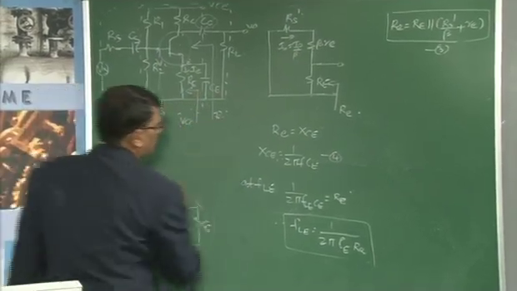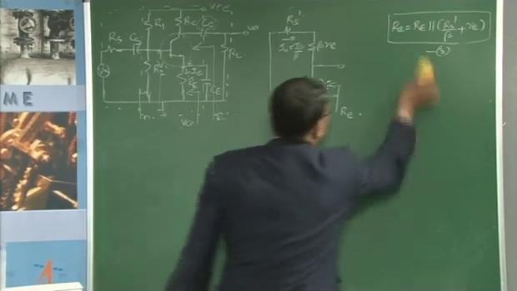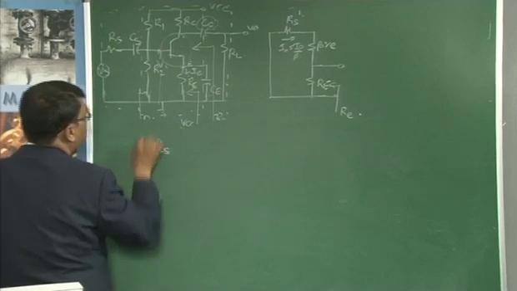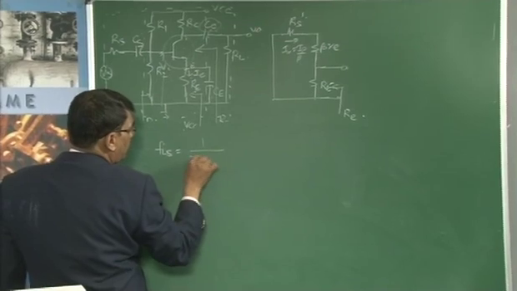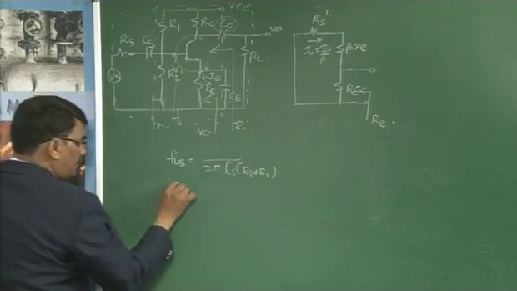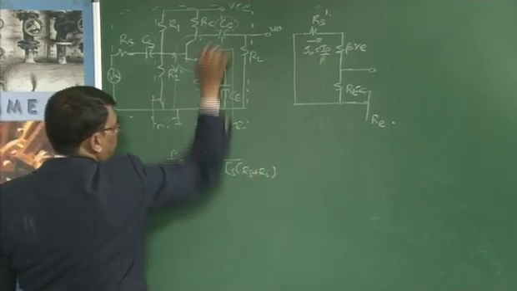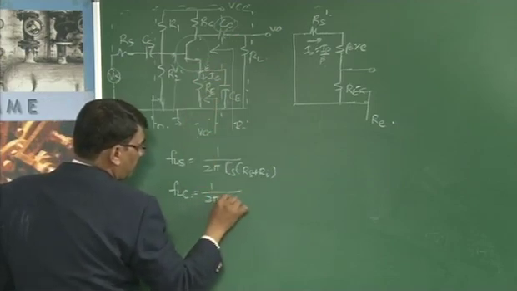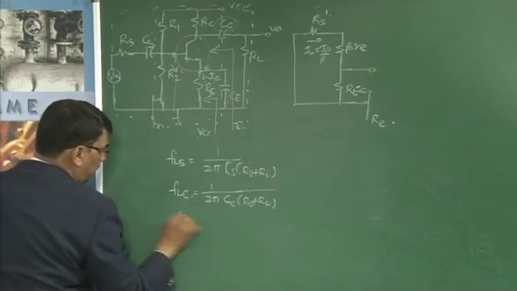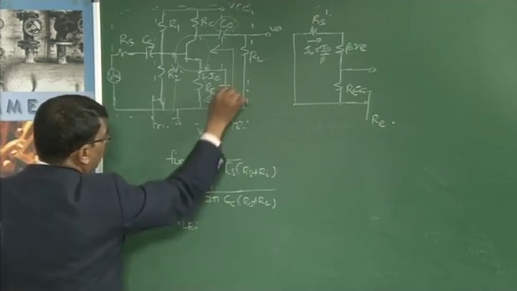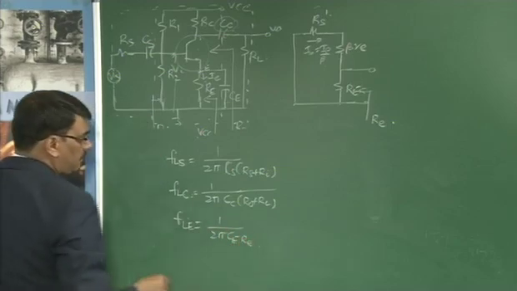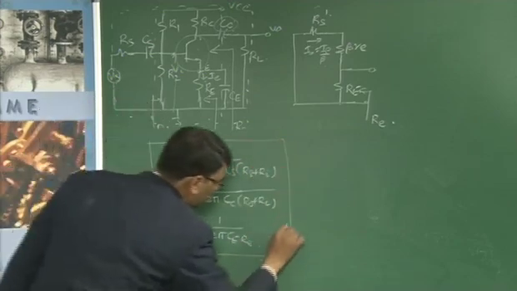If you summarize these expressions for the frequency response, first is f_LS, that is due to C_S, given by 1 by 2 pi C_S into (R_S plus R_i), and then f_LC, due to C_C, equal to 1 by 2 pi C_C into (R_o plus R_L), and f_LE, due to the emitter bypass capacitance, equal to 1 by 2 pi C_E into R_E. This is the summary of this class.